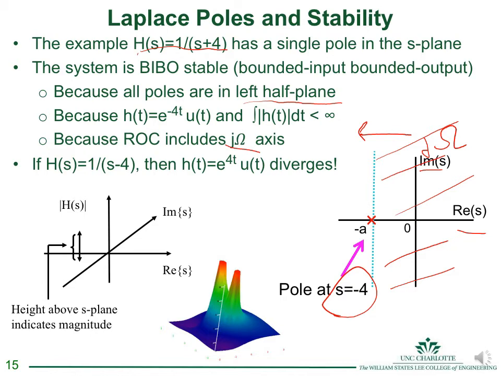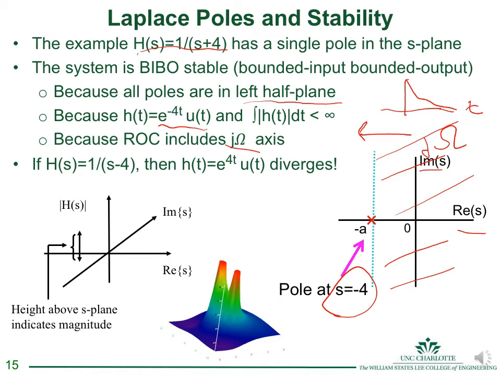In this case, if we recall, the response was exponential decay, e to the minus 4t u of t, a well-behaved function of time. This response is the type of response you have for an RC filter.